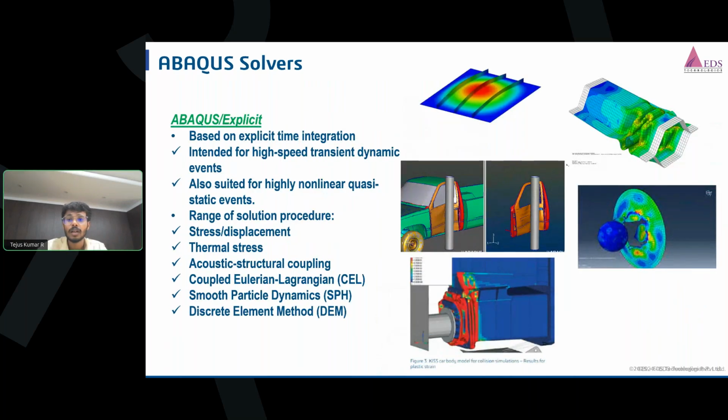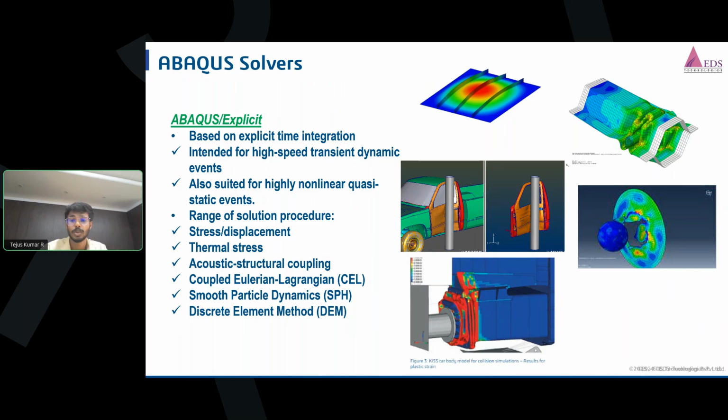When you look at Abaqus Explicit, which is for high speed dynamic events, it becomes the preferred solution. It is designed for analysis involving severe nonlinearities like complex contacts and large deformations. In railway applications, it is mainly used for crashworthiness and impact analysis, derailment events, blast intrusion, material failure analysis, and occupant safety studies.